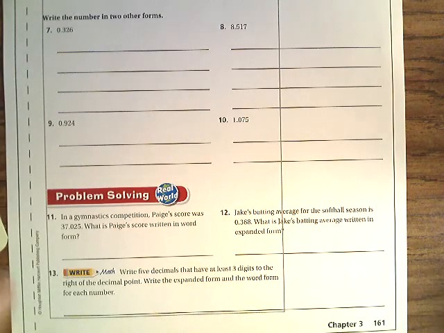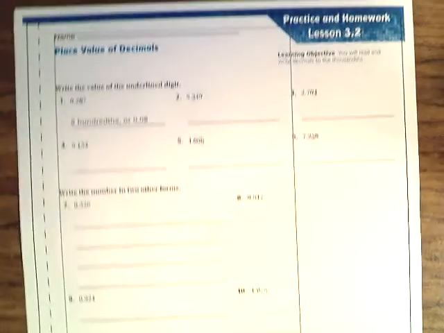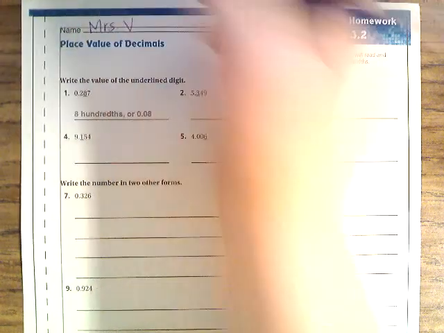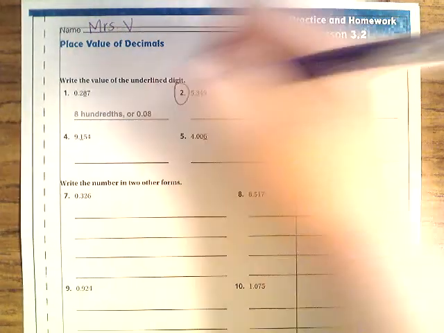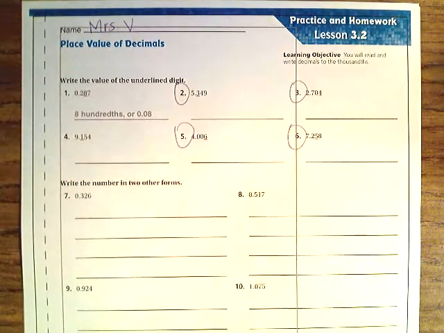All right, I want to look at your practice and homework, which is on page 161. You're going to circle the problems on page 161 and 162. Start by writing your name at the top. Okay. I want you to do number 2, 3, 5, and 6.